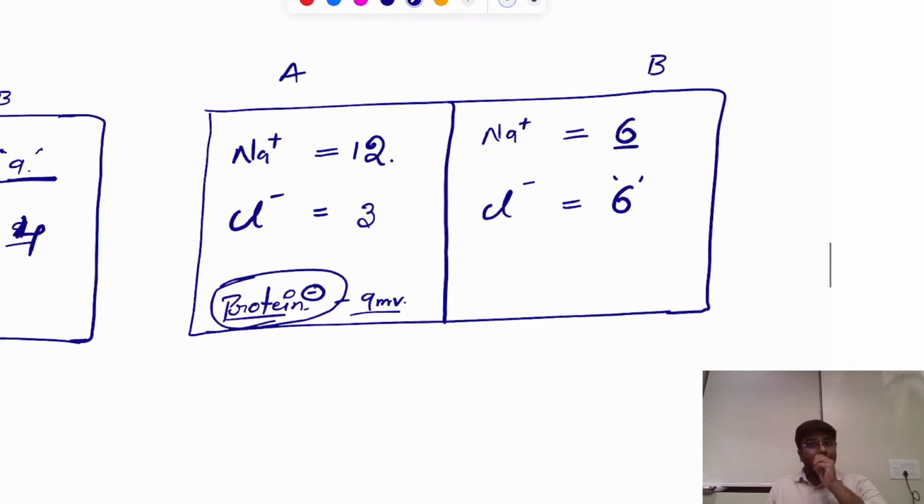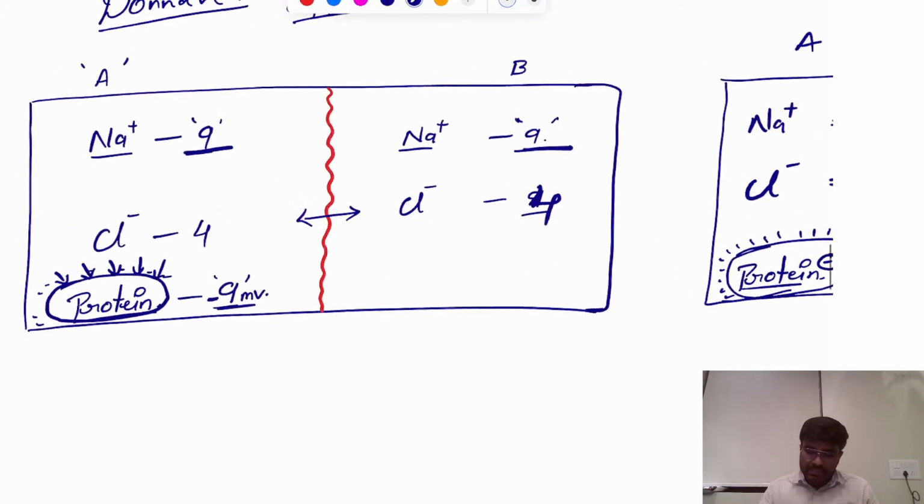But anyway, what I'm explaining is that in the presence of such a large impermeable ion, the composition of the ions will change. Previously it is 9, 9, 4, 4, everything is good.